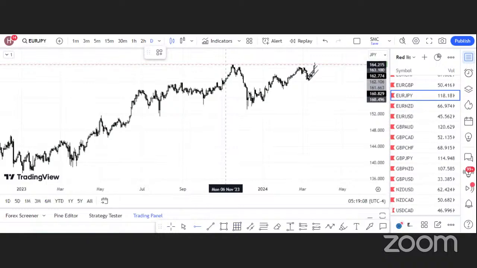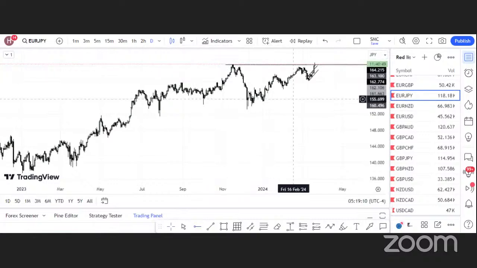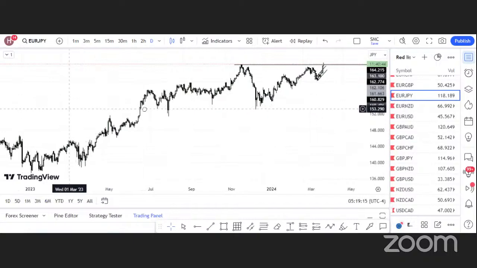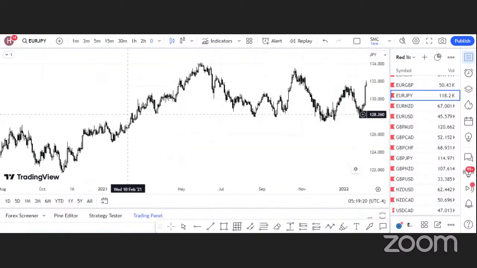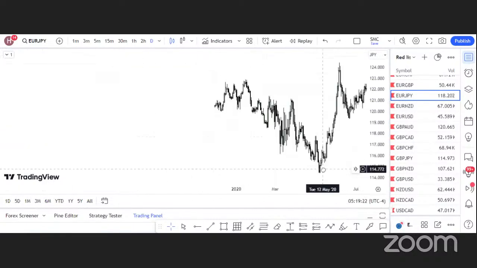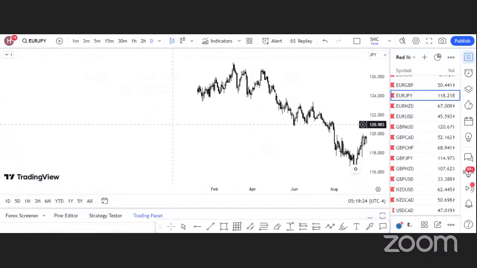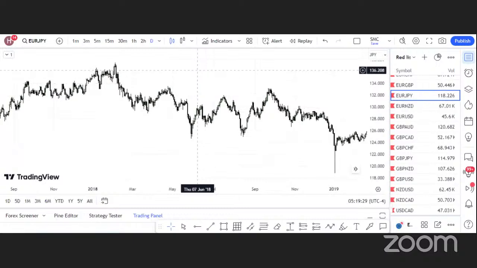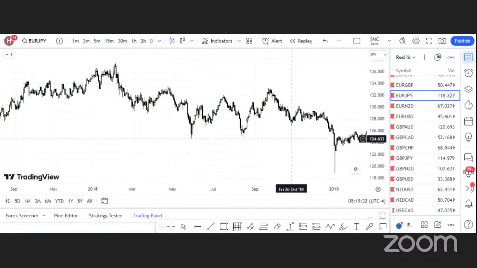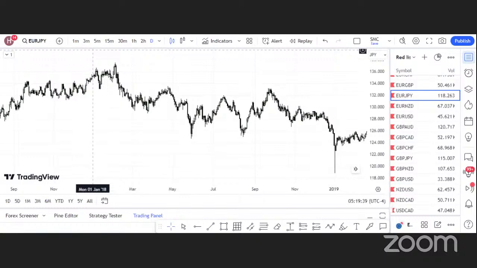Right now the market is in the bid to break the highest high, the high of last year.